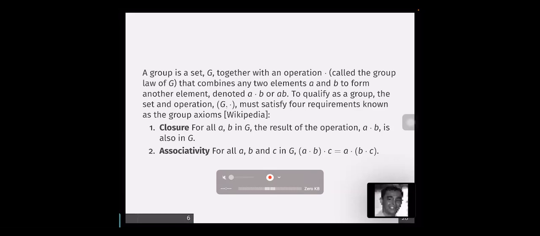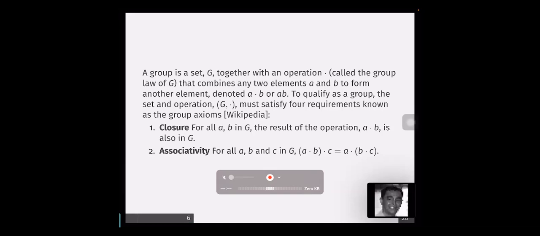Okay, so let's define what a group is. Actually, a group is something that you actually know in everyday life, except that you don't know that it's a group. So okay, a group is a set, and then it has an operation.